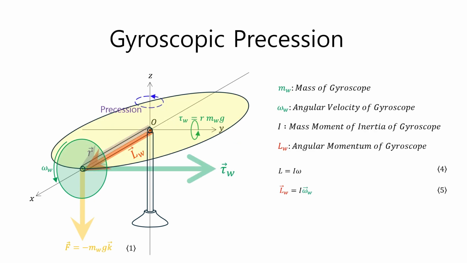Here, a gyroscope, represented by a green circle, is rotating at high speed with a constant angular velocity omega w. The coordinate system shown here is the coordinate system fixed to the gyroscope.